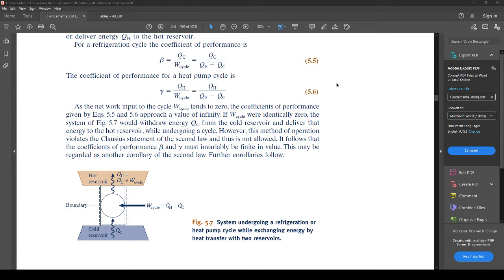If W cycle were identically 0, the system of figure 7 would withdraw energy QC from the cold reservoir and deliver that energy to the hot reservoir while undergoing a cycle. However, this method of operation violates the Clausius statement of the second law and thus is not allowed. It follows that the coefficients of performance beta and gamma must invariably be finite in value. This may be regarded as another corollary of the second law. Further corollaries will follow.